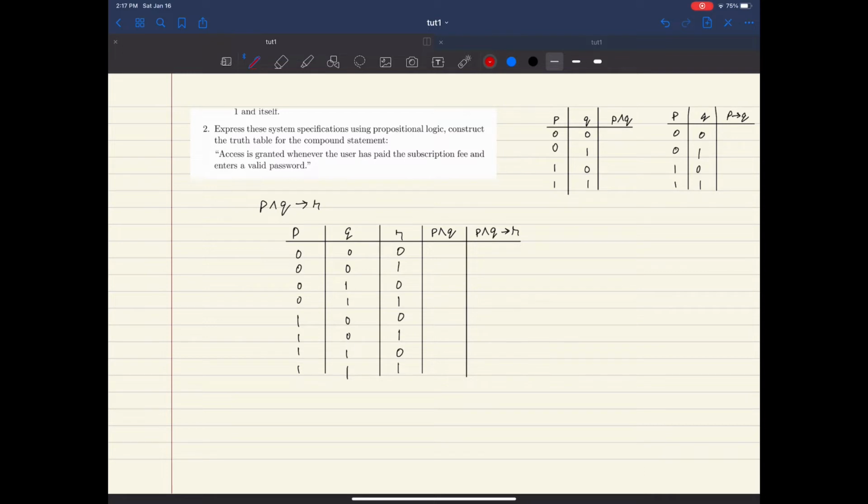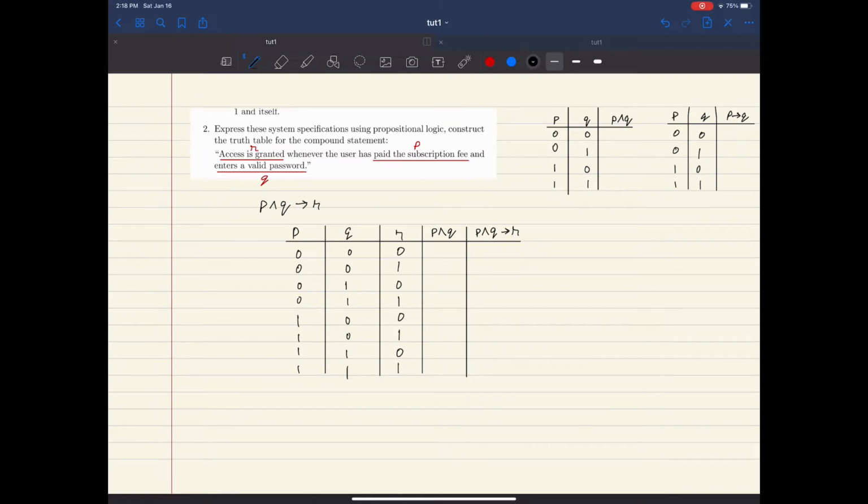So, only when you pay the subscription fee and you enter the valid password, you will get the access. If you say subscription fee as P, entering the valid password as Q, and access being granted as R, it becomes P and Q implies R.